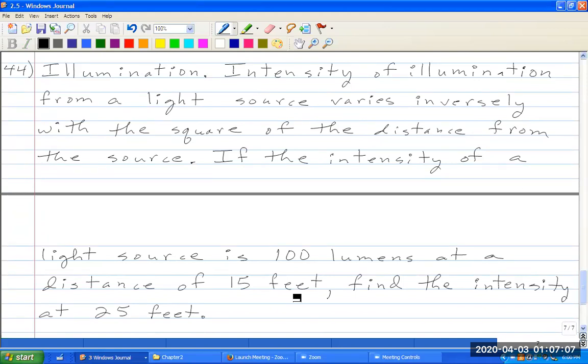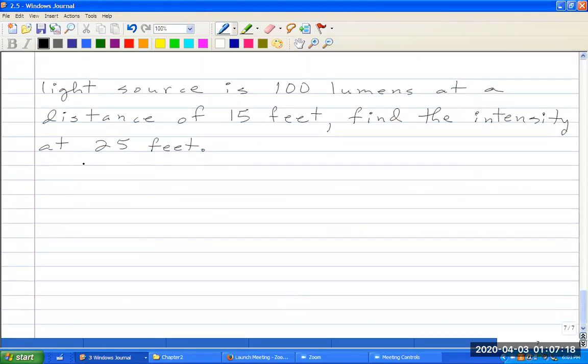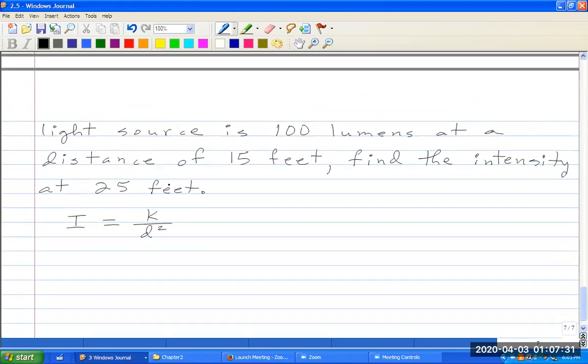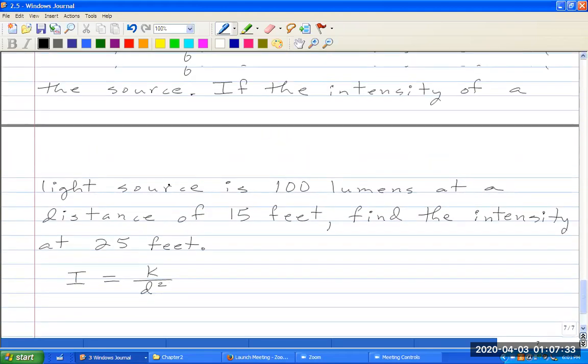It's on illumination. So the intensity of illumination from a light source varies inversely as the square of the distance from the light source.